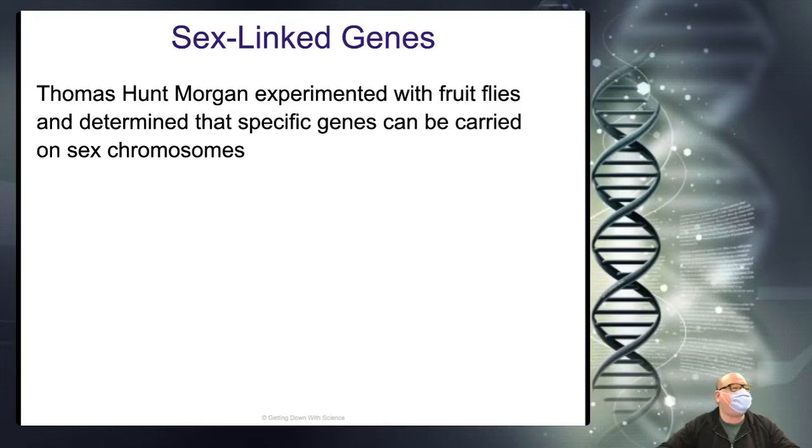They don't just control your sexual characteristics. Women don't have a prostate gland, but you carry the genes for one. So not everything about the sex chromosomes is on the 23rd pair. Just make sure you understand that.